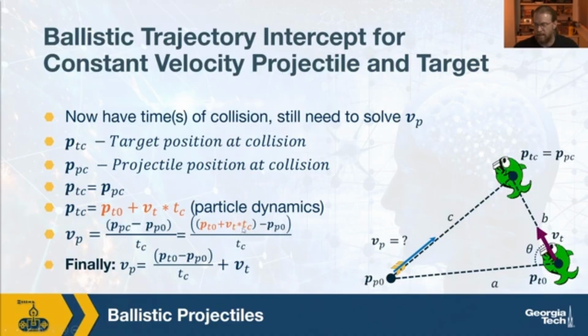The denominator cancels out for the v velocity term, so we don't have a dividing by t there, but we do have this relative position vector: the initial position of the target minus the initial position of the projectile, divided by t, and then plus the velocity of the target. So that is our final solution.